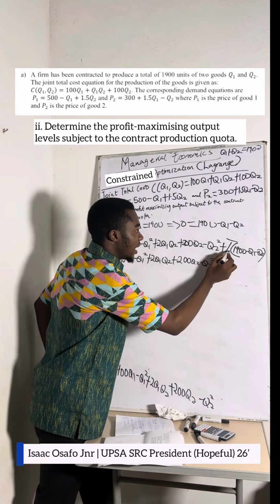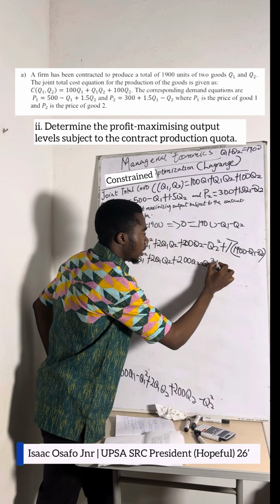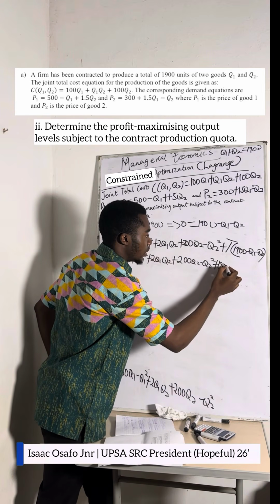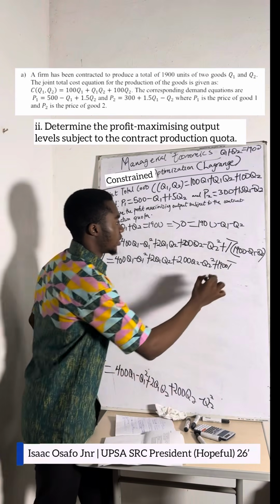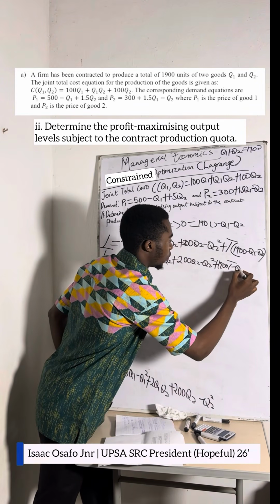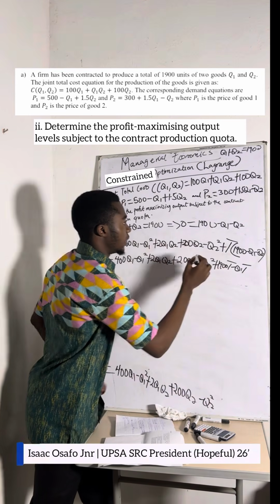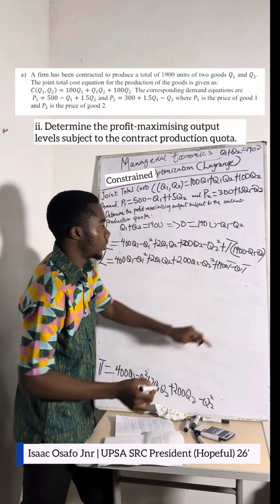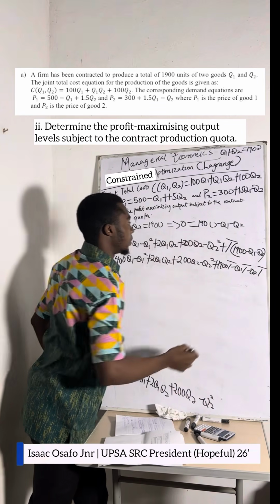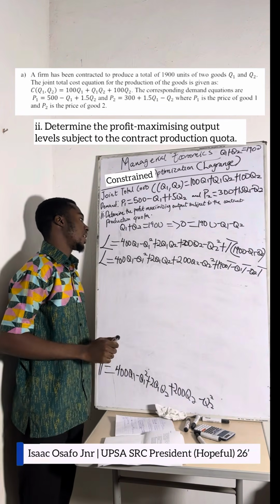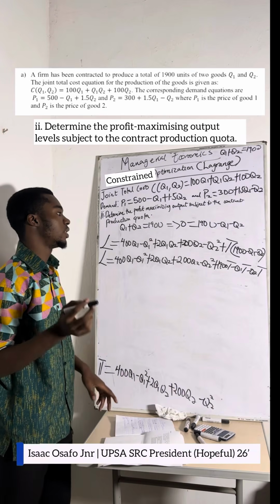So plus lambda times 1900 is 1900 lambda. Then lambda times negative Q1 is negative Q1 lambda. Then lambda times negative Q2 is negative Q2 lambda.